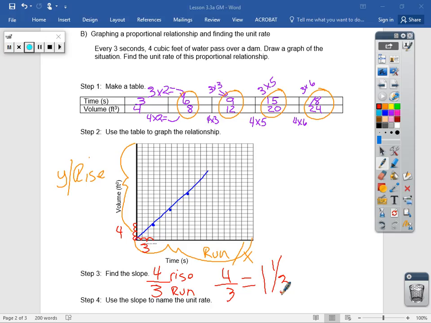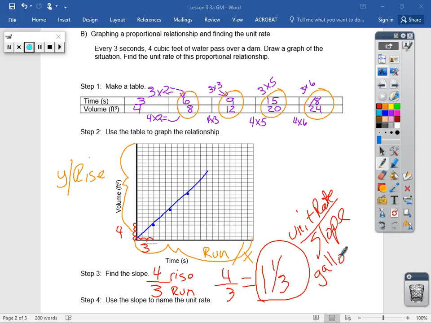So now we can use the slope to name the unit rate. Well, it's 1 and 1/3, because that's our unit rate. And our slope, 1 and 1/3 cubic feet.